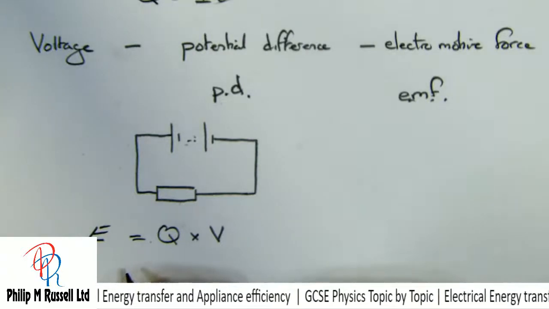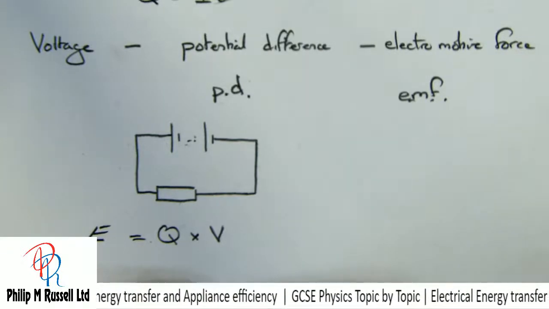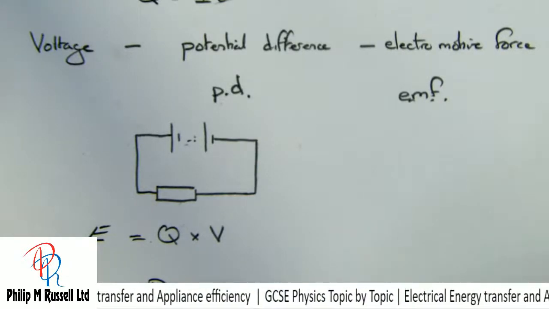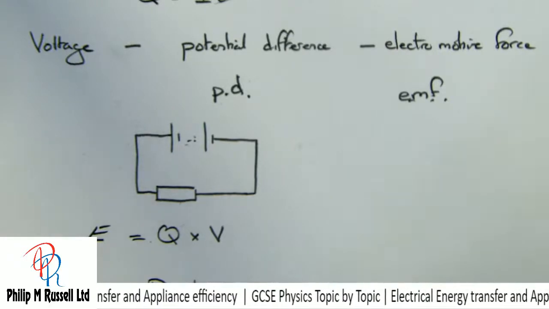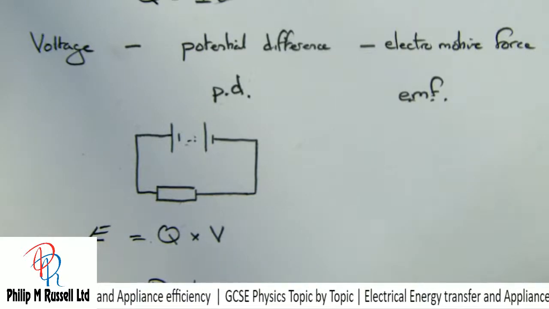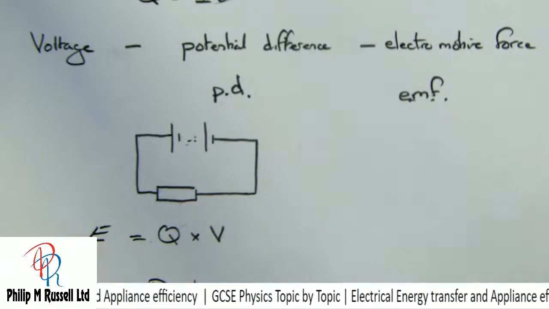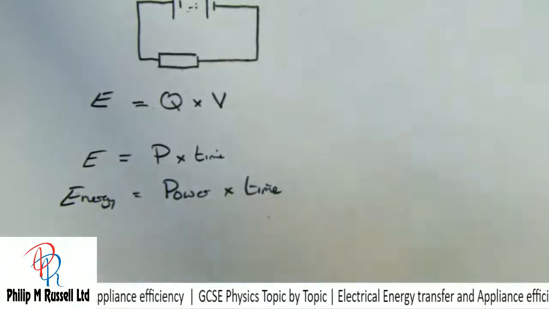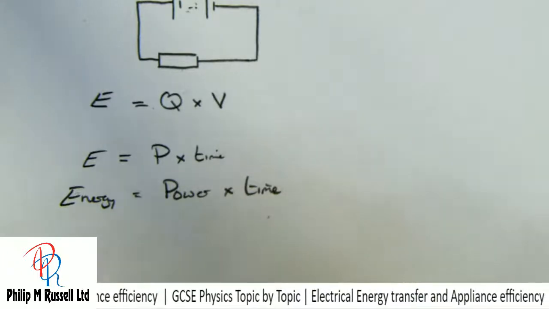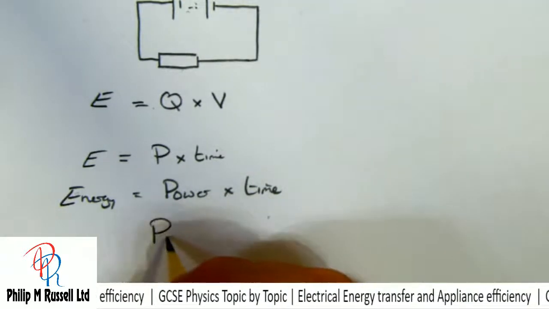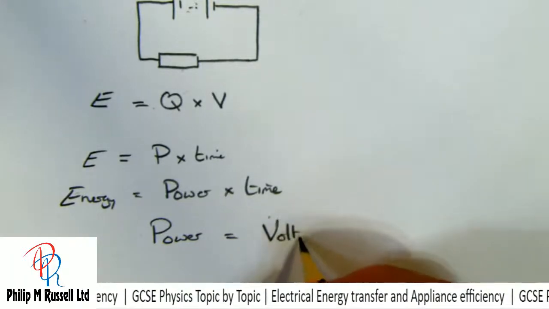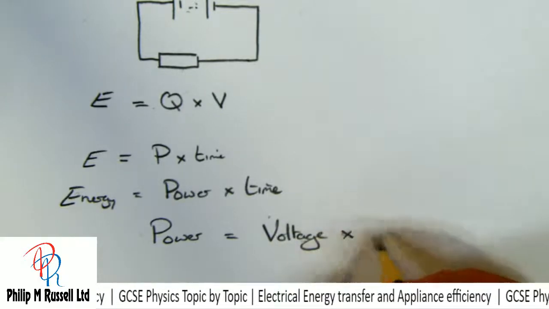Now, I also know that energy is power times time, and we know that power is the voltage times the current.